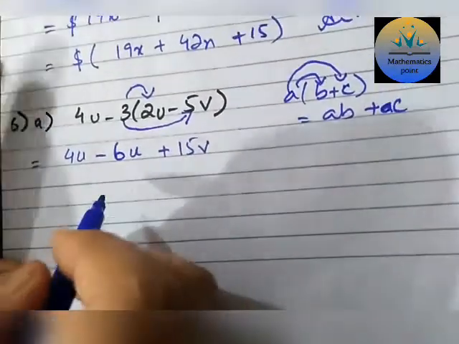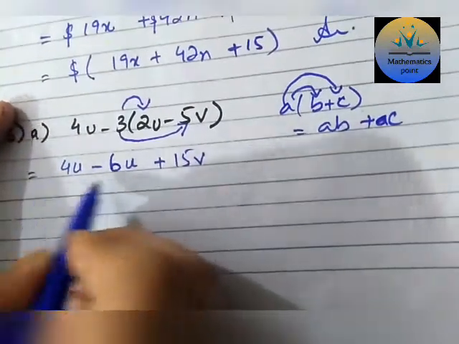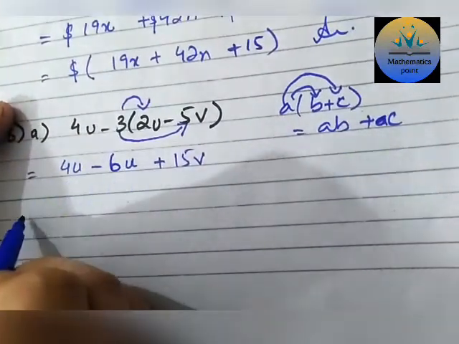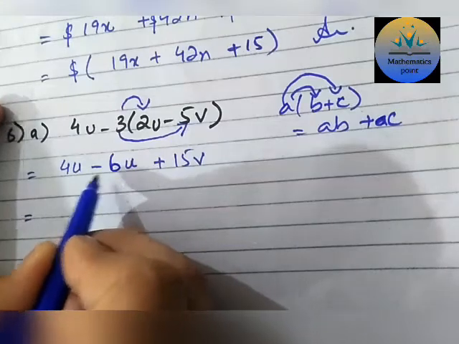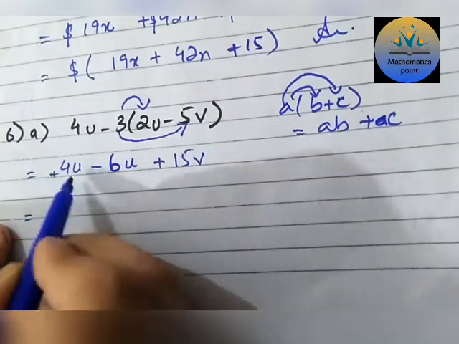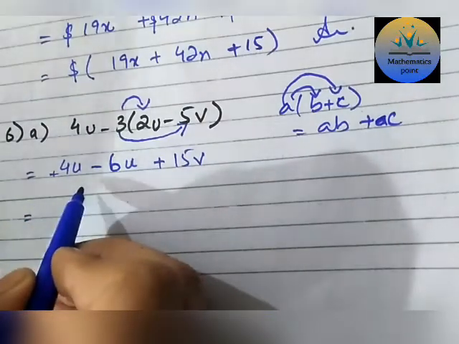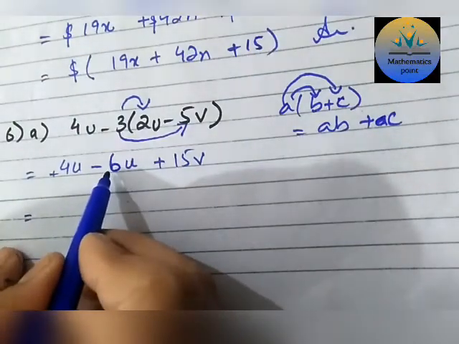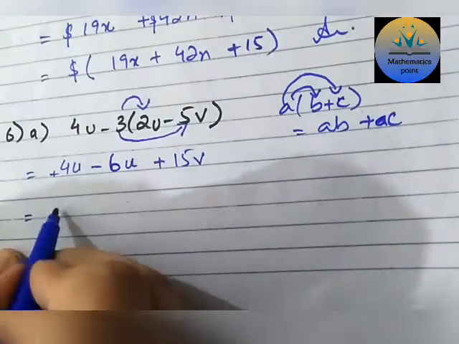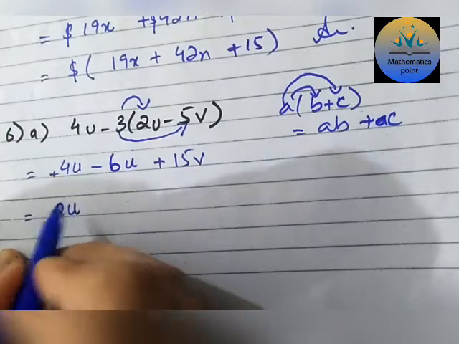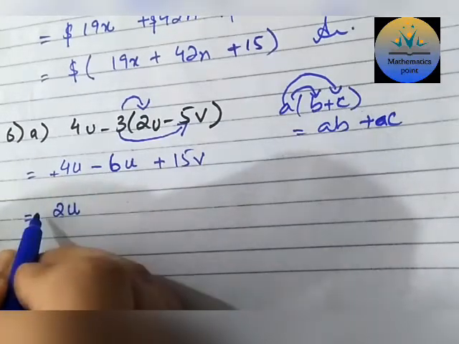So now solve the terms with the same variable. Here you can see that both terms have the u variable, so we solve this. Opposite signs, plus minus, so according to the addition and subtraction rules, the terms will be subtracted. See, 6 minus 4 is 2, the variable is u, and we place the sign of the greater term.